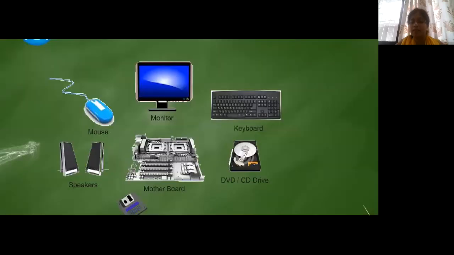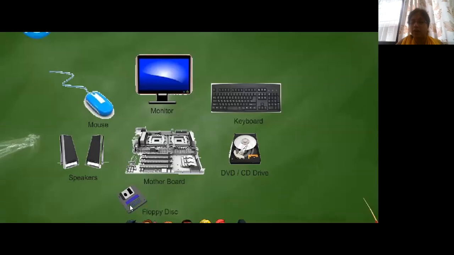Many of you might have definitely seen CDs. Before CDs, they were using floppy disks, which you were able to see on your screen. Yes, these kinds of floppy disks were being used. After CDs were developed, floppy disks started being not so used.